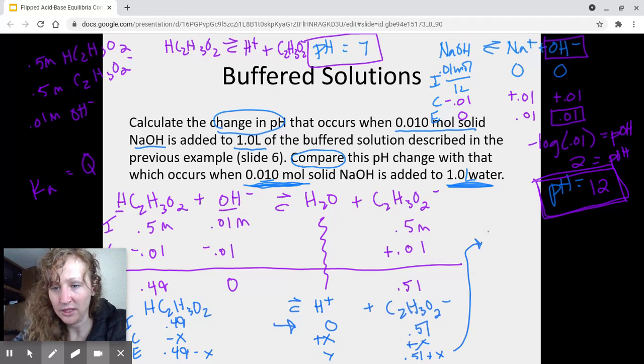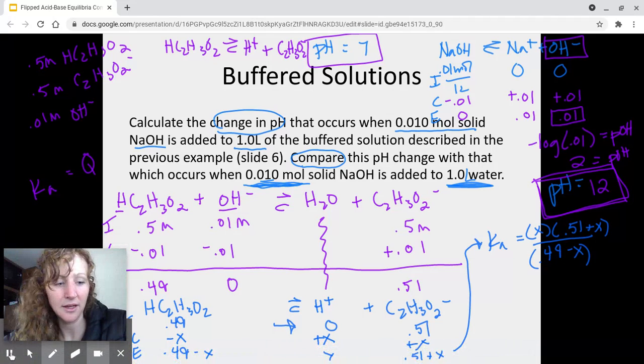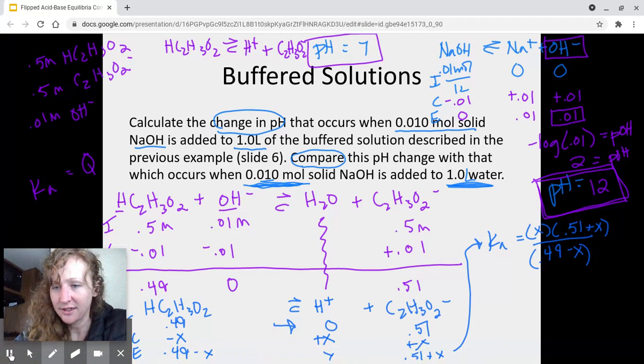So I'm going to get my Ka, which I know from the slide before is equal to my hydrogen ion, my acetate ion, over my acetic acid. Okay, again, I can assume X is going to be really small.